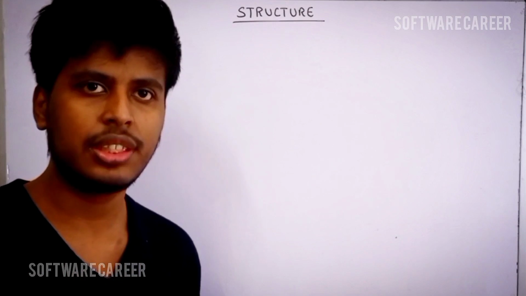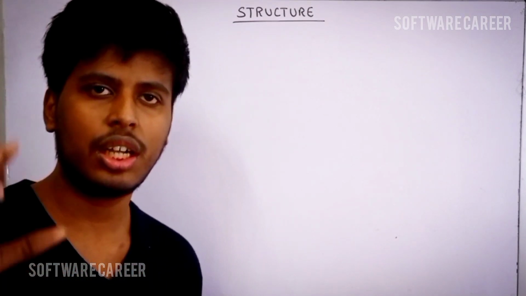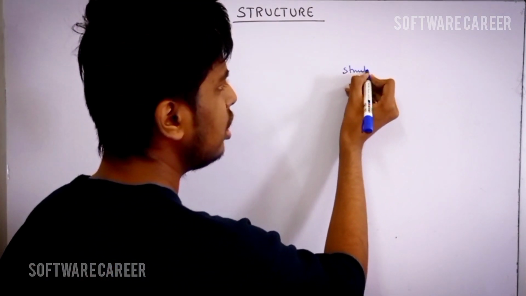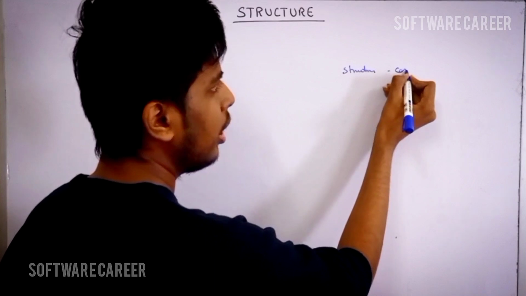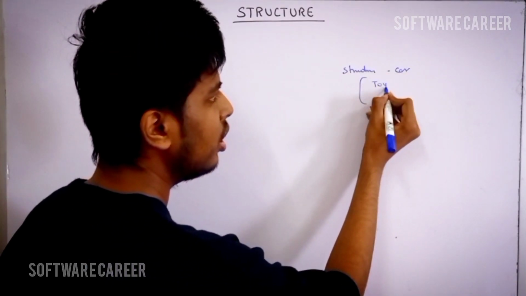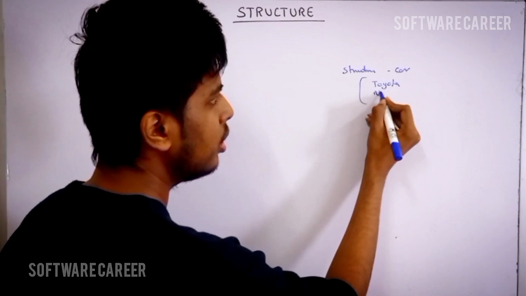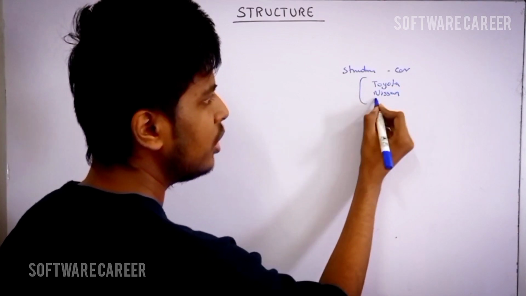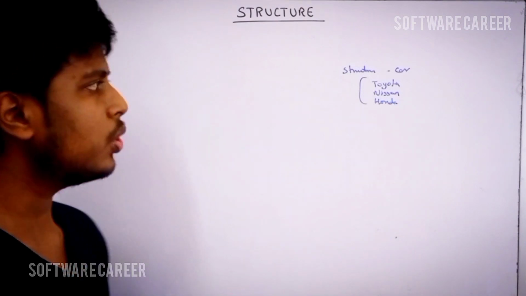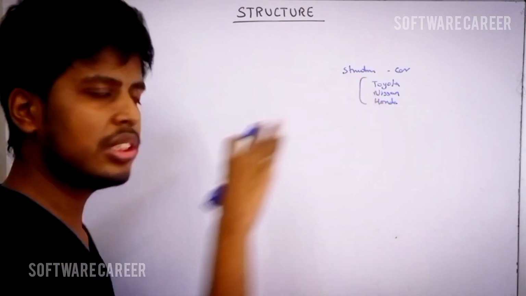The common thing for all these companies is car. So the structure will be car, and the data members inside it will be Toyota, Nissan, Honda. So a collection of data members is called a structure.